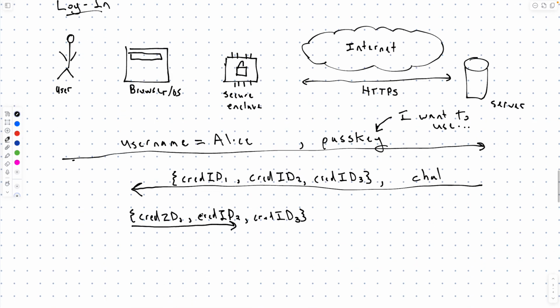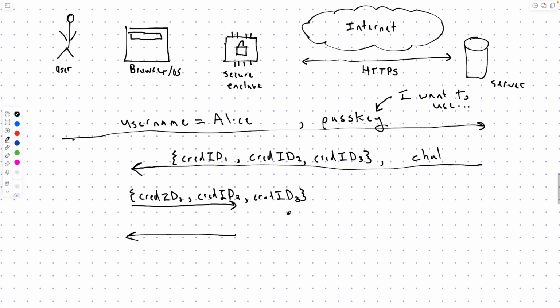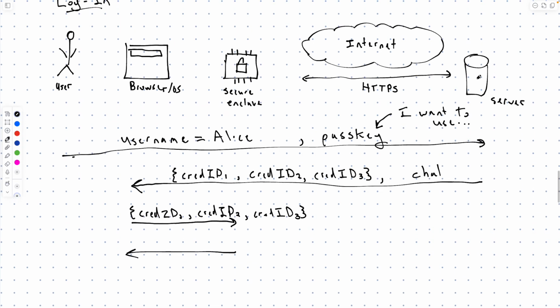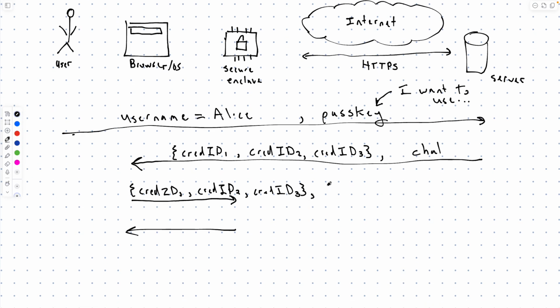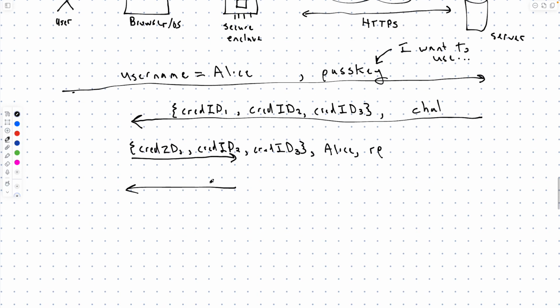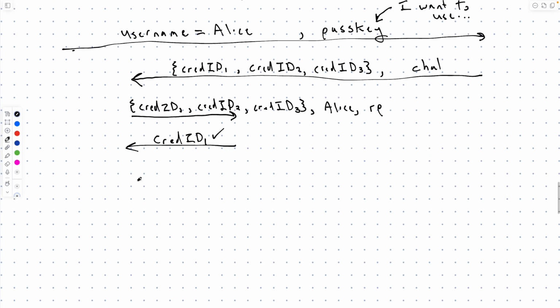So we'll assume that that's like cred ID 1 in the list. Then it will say, okay, I recognize this cred ID 1. Now, technically, because there could be multiple users on this computer and there's different servers and things like that, we should also send here Alice and probably the relying party as well, even though every key and cred ID is going to be unique. But we'll send that information to it, and it will say, okay, cred ID 1, that's the one that I have a passkey for.